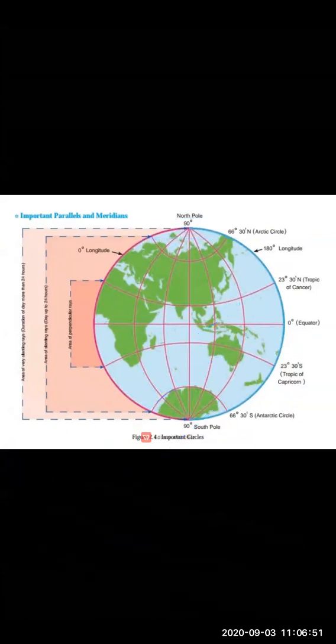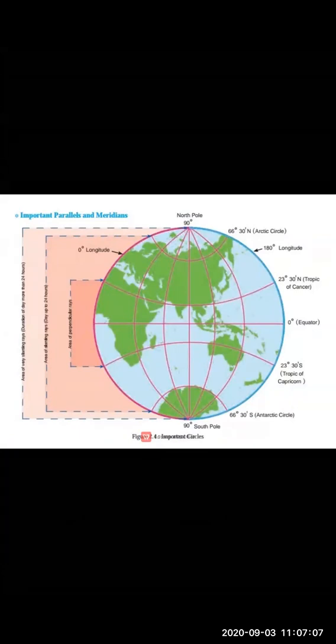Now moving ahead, children. Here is a region where the rays are very slanting. They are falling in a very slanting direction. Now what is happening here?